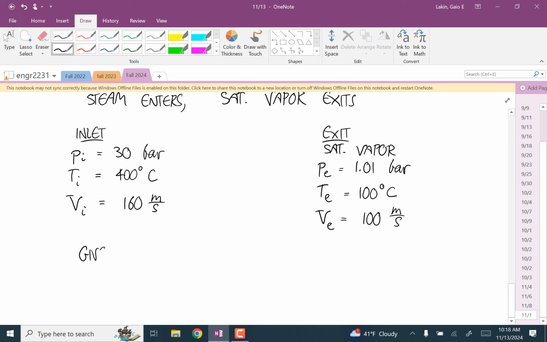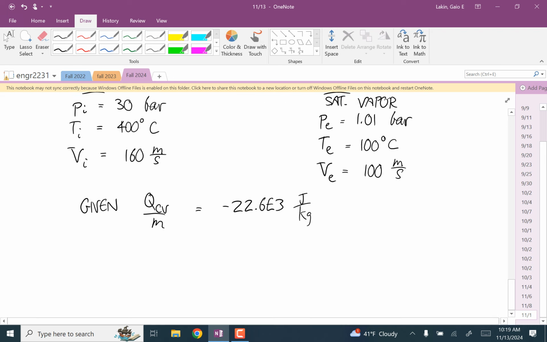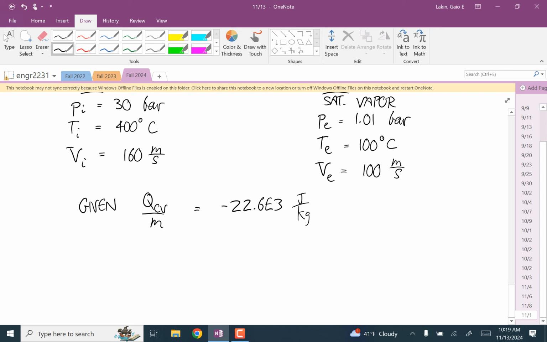And if we're given that over some time interval, the heat transfer per mass is negative 22.6 times 10 to the 3rd joules per kilogram, and the outer surface temperature is 350 Kelvin.